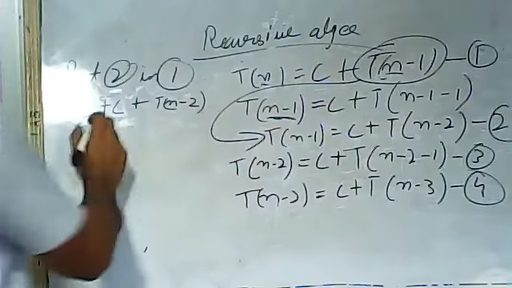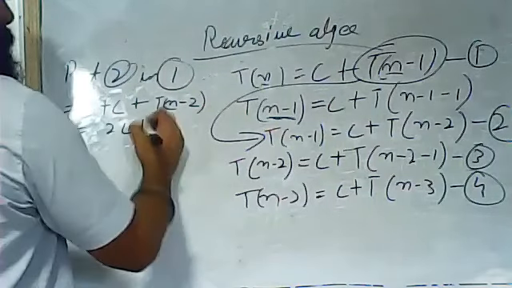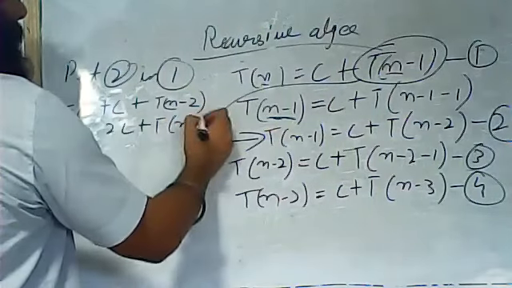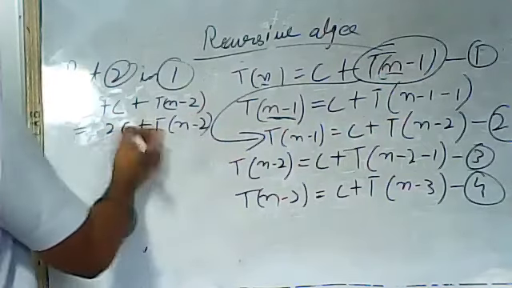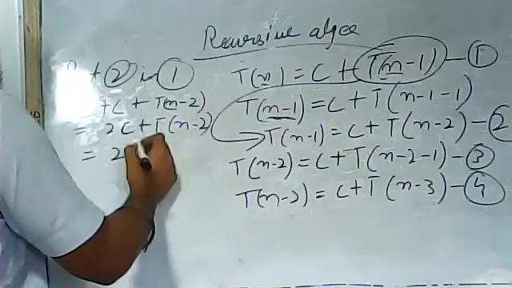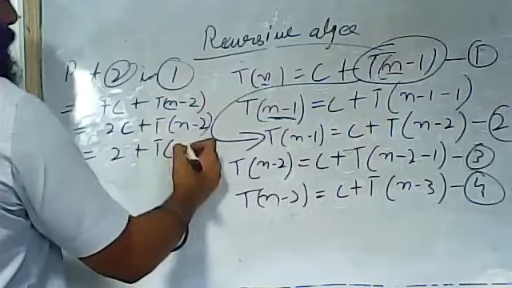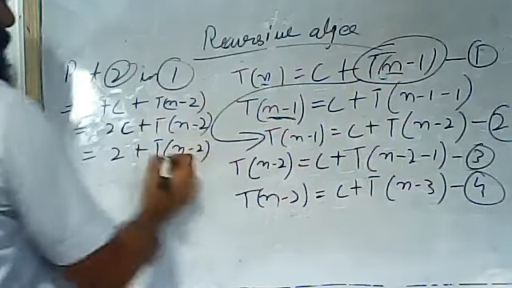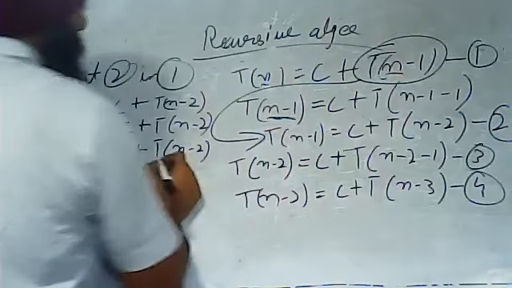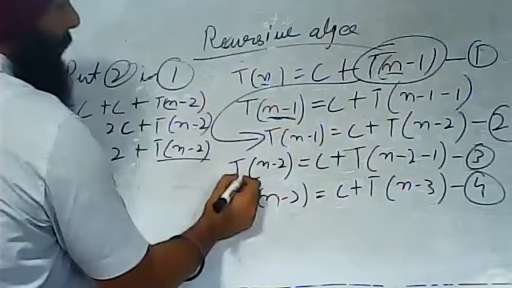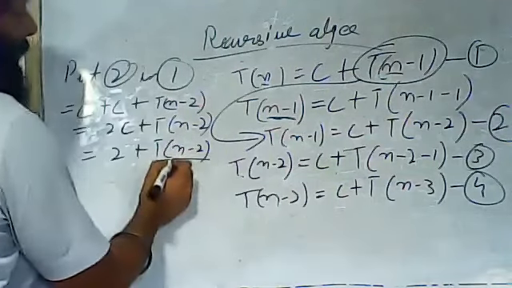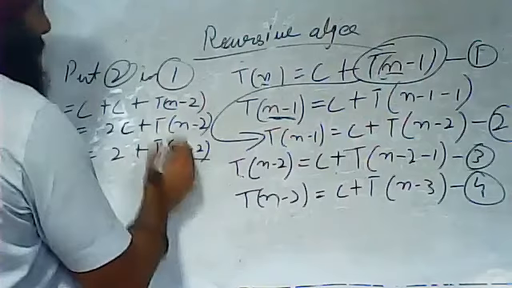After writing it, I can write it like this: 2C plus T of n minus 2. I have already told you we need to ignore all the constants. So I will write here 2 plus T of n minus 2. Instead of T of n minus 2, we will put this value.